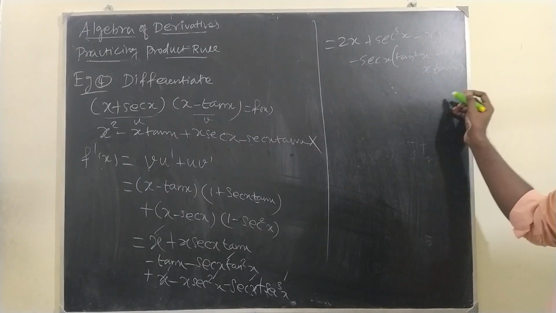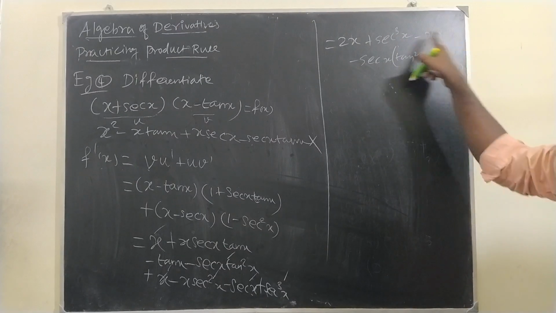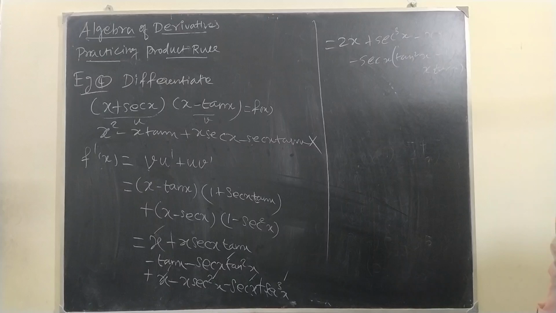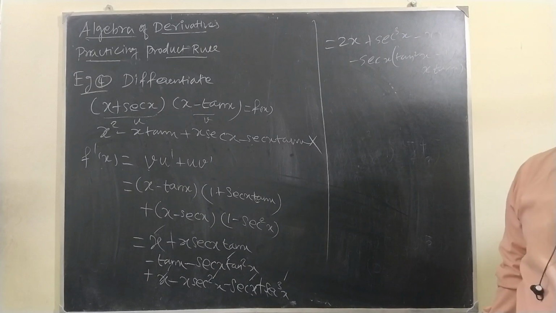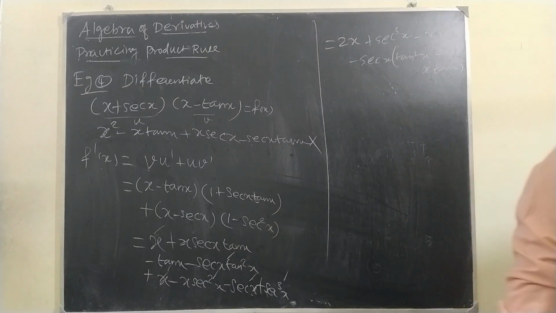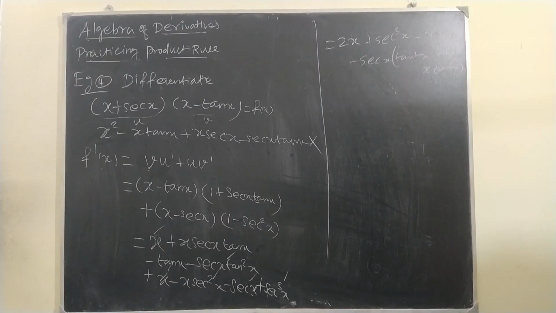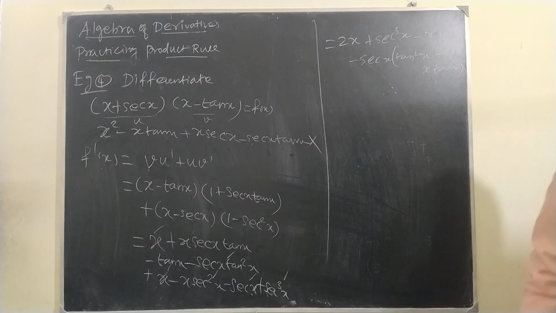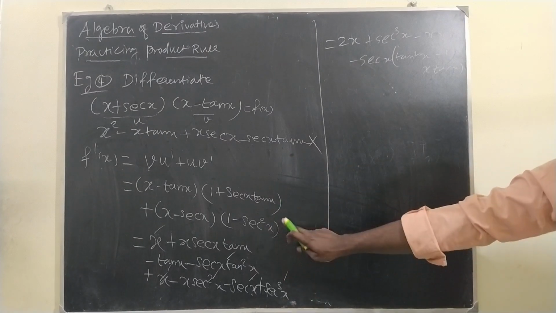Otherwise we may take tan x common. It differs question to question. From these two terms also we can take sec x common. Based on the option, what is required, we can do. Got it? See, here they stopped only up to this step.